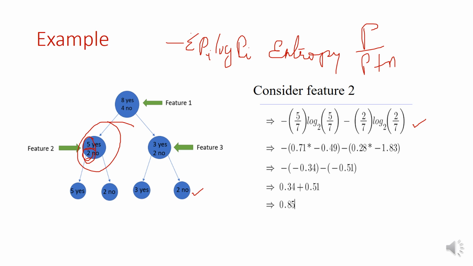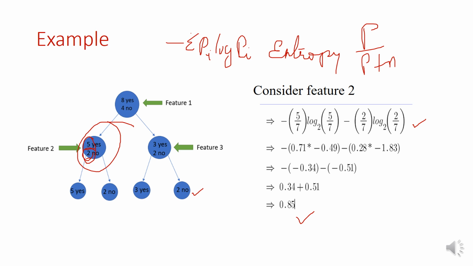So substitute the values here: 5 by 7 is 0.71, into log 5 by 7 is 0.49, minus 2 by 7 is 0.28, into log 2 by 7 is 1.83. Just simplify this, guys, and you will get entropy as 0.85. So this is how we calculate the entropy.